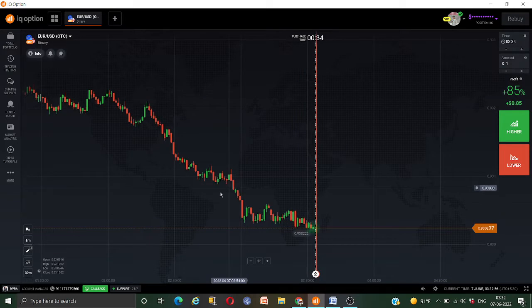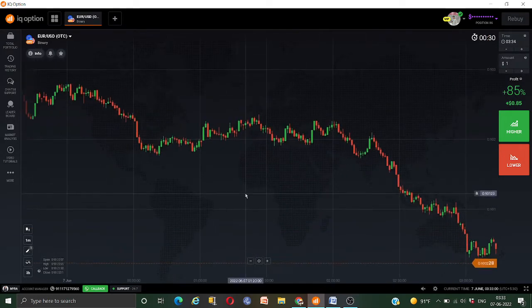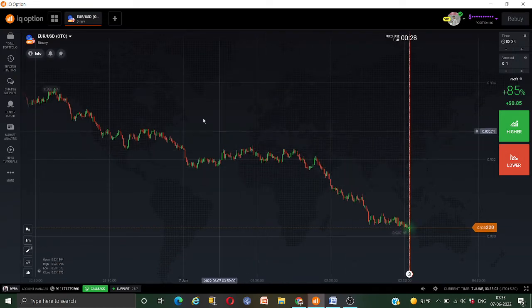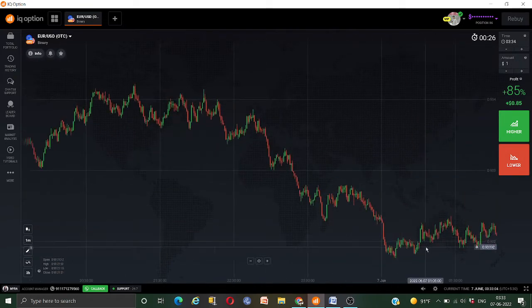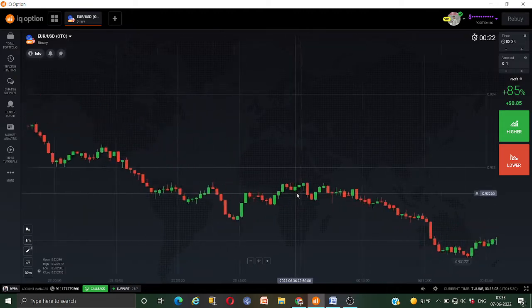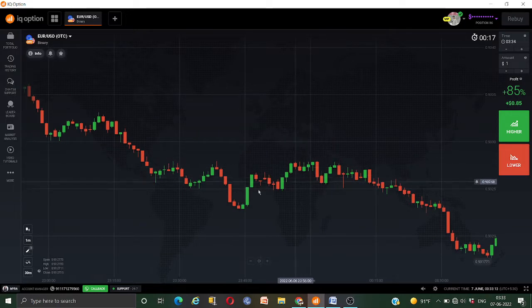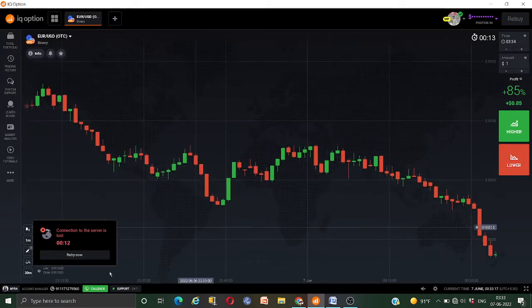Because even if you make a wrong entry or expect the wrong momentum in a trendy market, if you see here the trend is a downtrend, you are expecting the sellers somewhere here or somewhere here. Okay, the buyers entered.